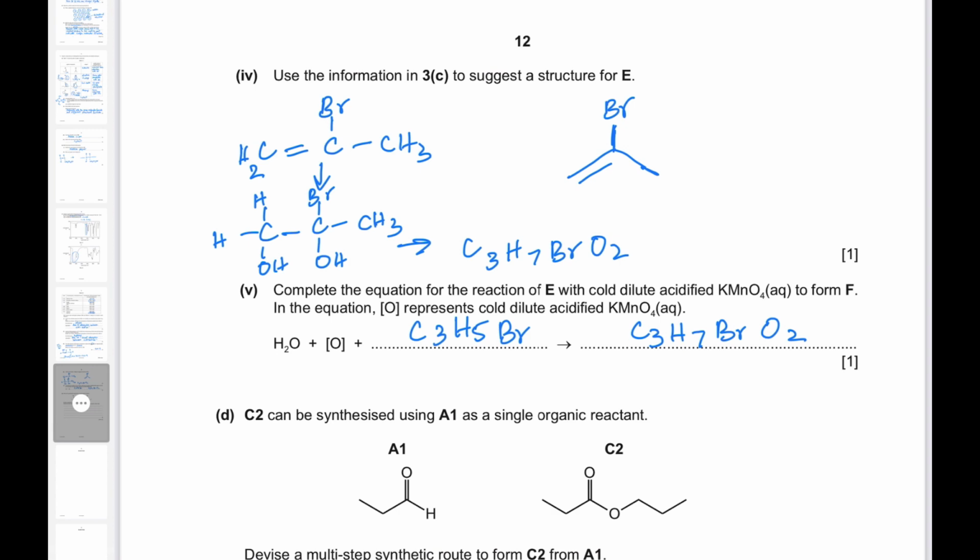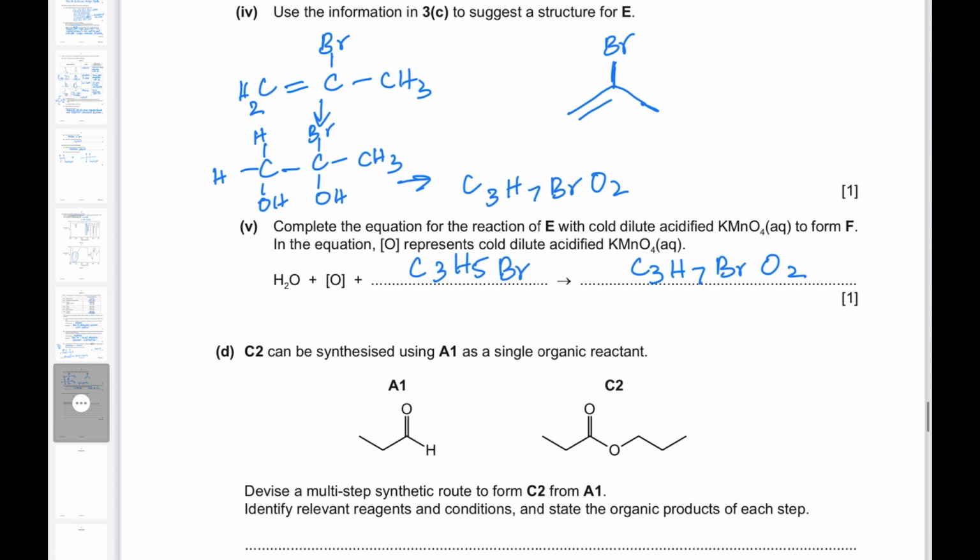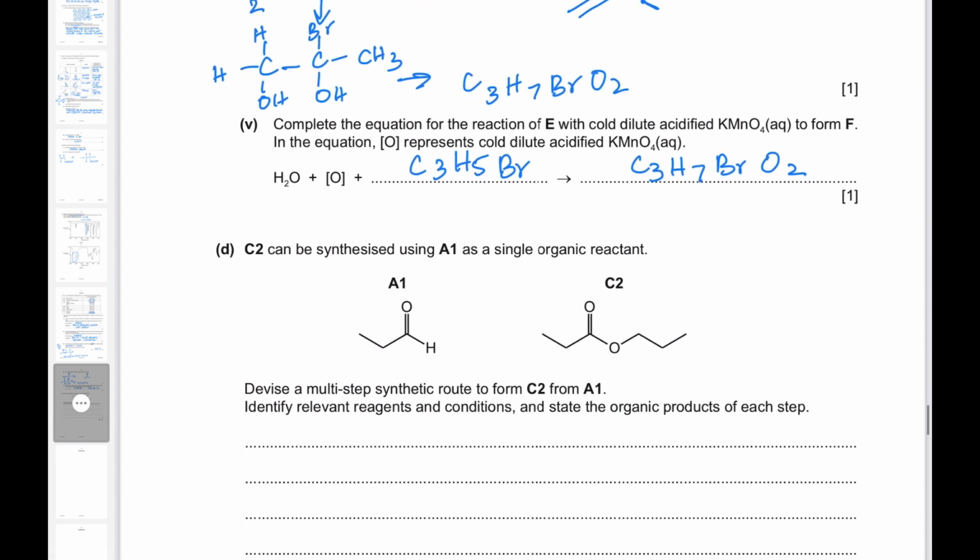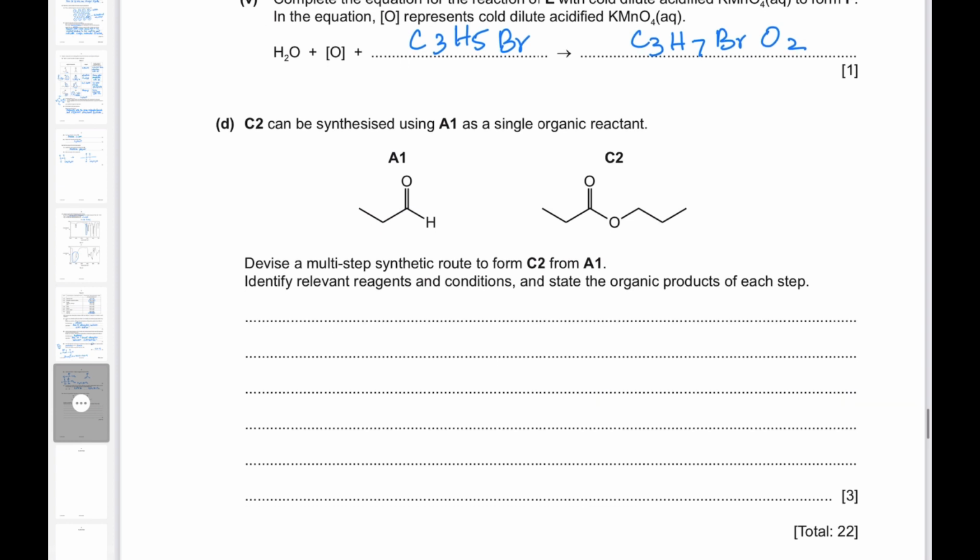Part D. C2 can be synthesized using A1 as a single organic reactant. So C2 over here is an ester, A1 is an aldehyde. Use a multiple step synthetic route to form C2 from A1. Identify the relevant reagents and conditions and state the organic products of each step.